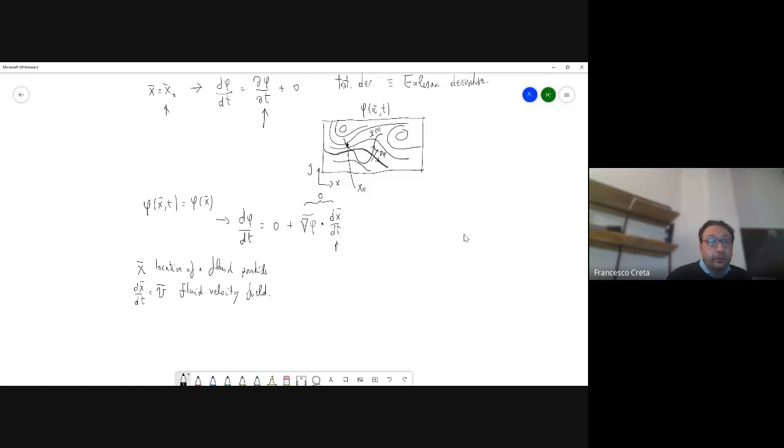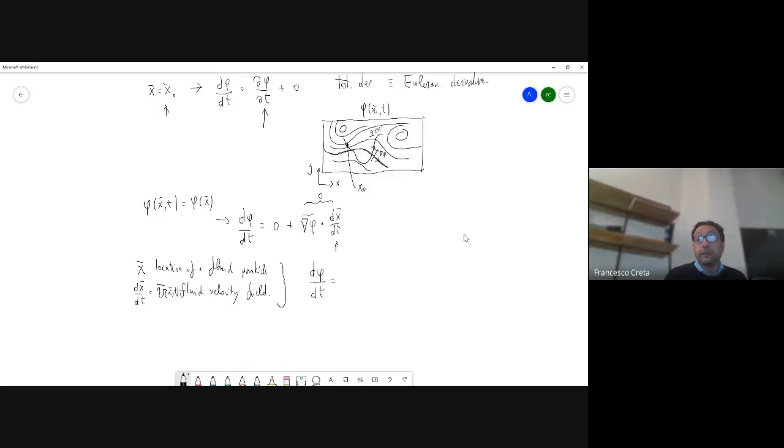I should have written here also X and T. So we're talking about a fluid, so we are talking about this scalar field, phi, which could be, I don't know, the concentration of a species. It could be, again, the temperature of the fluid field. Then the total derivative acquires a meaning.